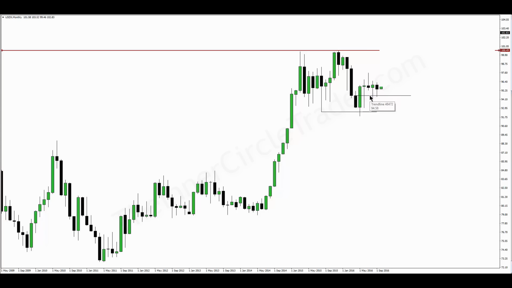And the level we had here is 94.58. So about 50 pips, thereabouts, in terms of movement through the level. And again, this is a monthly chart, so a little bit of flexibility is necessary.